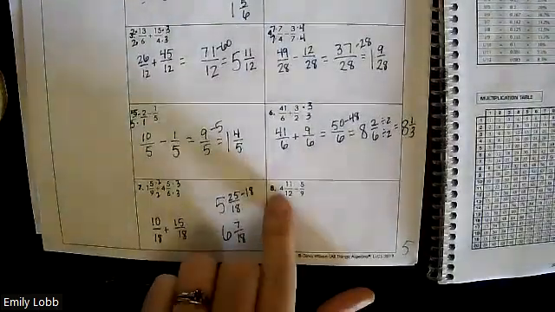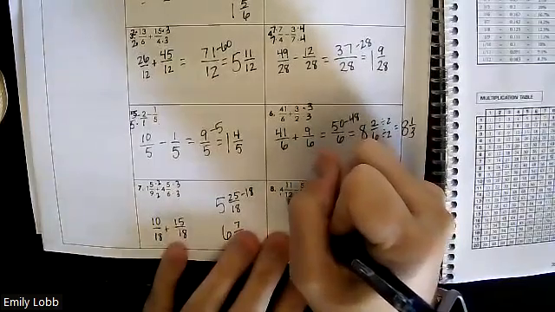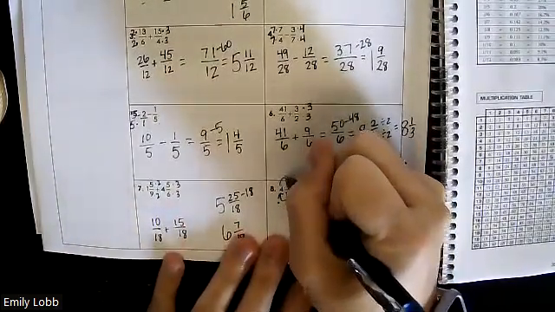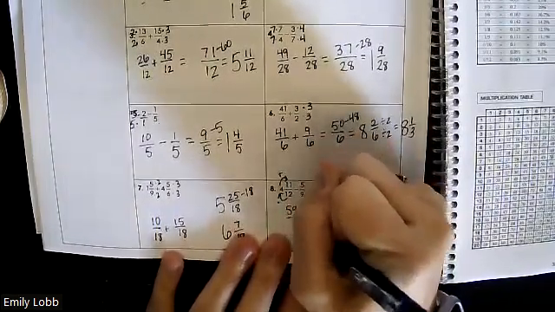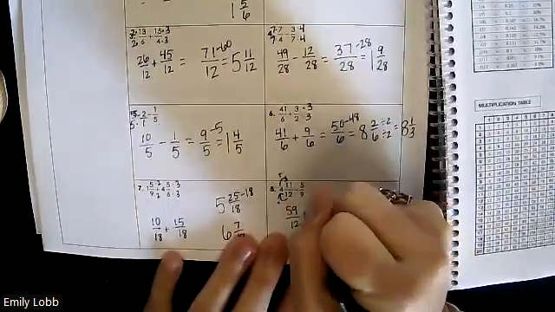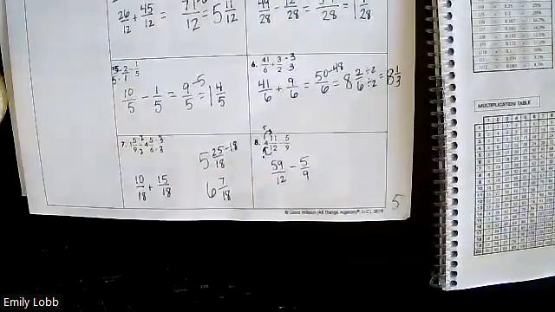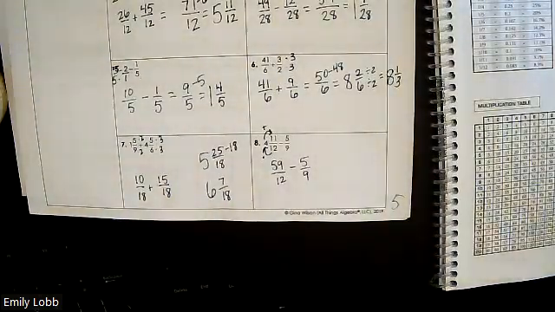All right, this one we do need to change first. 12 times 4 is what? 48. 48 plus 11 is 59 twelfths, minus 5 ninths. Sorry. 9 and 12.